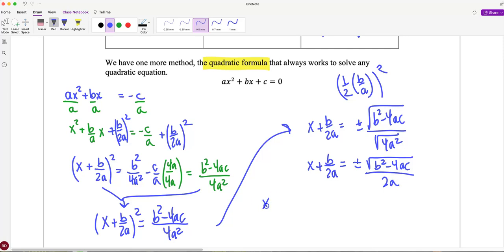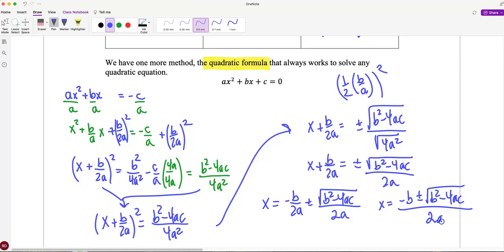So I get x equals negative b over 2a plus or minus the square root of b squared minus 4ac over 2a. Those have a common denominator. So x is negative b plus or minus the square root of b squared minus 4ac, all of that over 2a. That is our quadratic formula.